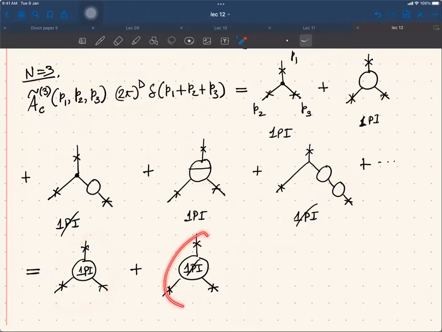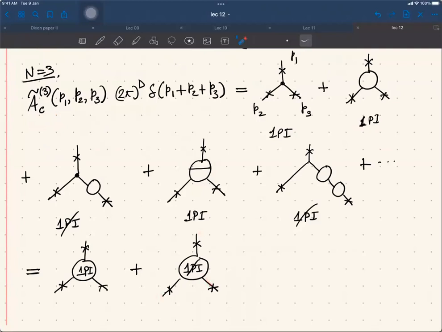So in the first category, topological diagrams will all go into this one. And the second one is basically whatever the 1 pi diagrams for the 3-point function are, with additional corrections for each leg.